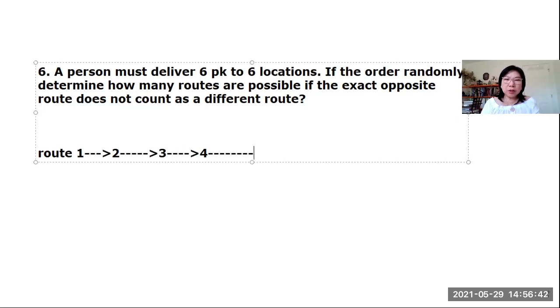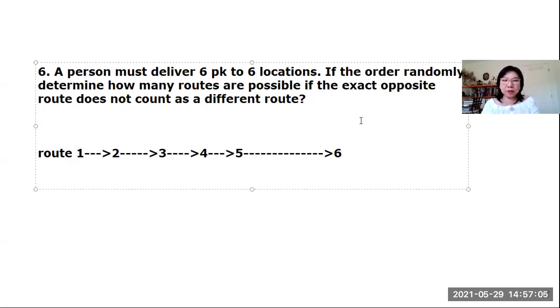Maybe route 4 is shorter than route 5, and then you go to route 5, which is a long route, and finally you get to route 6, the 6th location, right? Now, when they say opposite, what does that mean?